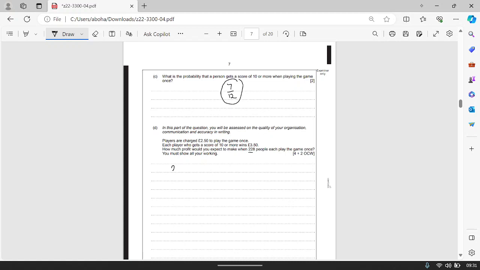The first thing we're going to do is 228 times £2.50. Putting that on your calculator will give you an answer of £570.